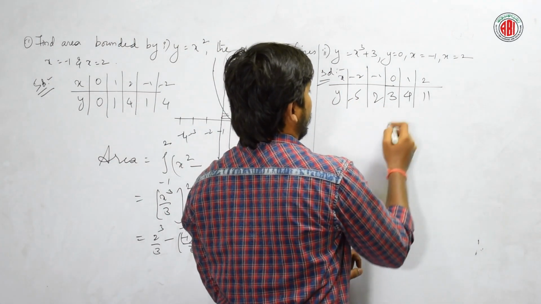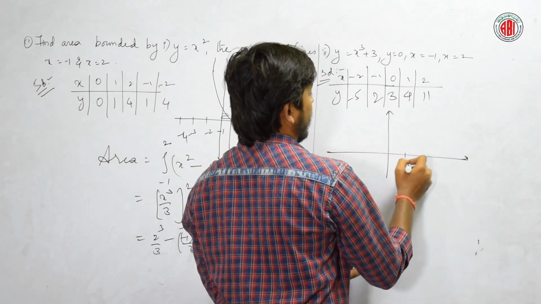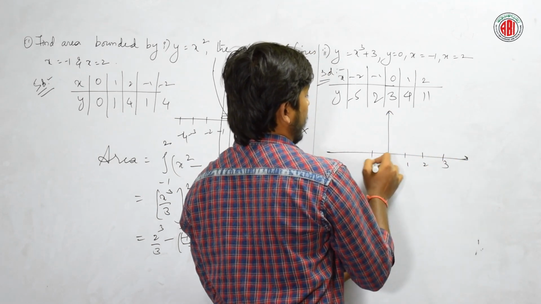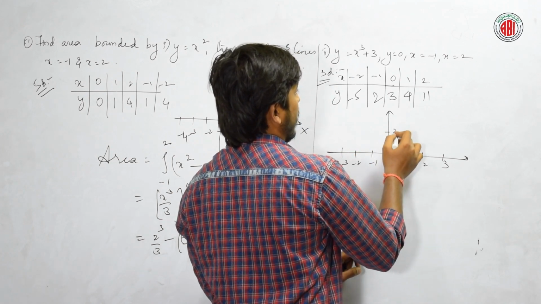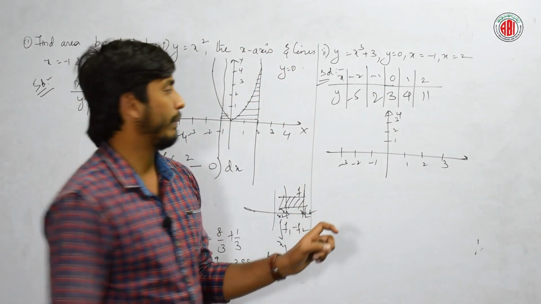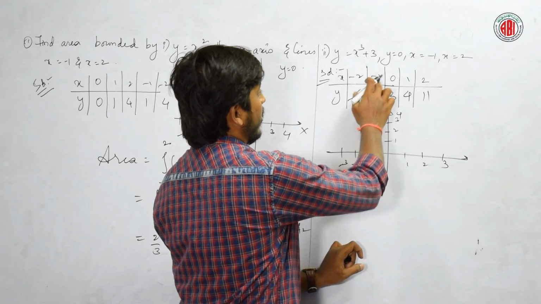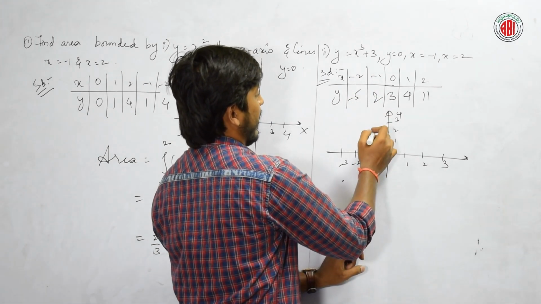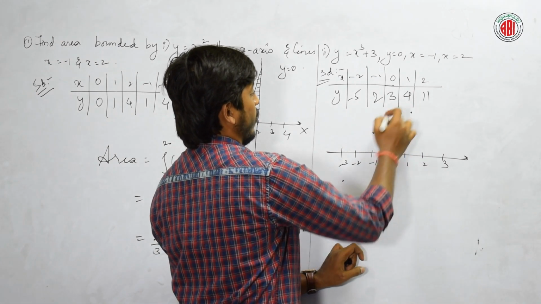So, if I draw the curve under this, I will get 1, 2, 3, minus 1, minus 2, minus 3, and here it is 1, 2, 3, 4 and so on. Here for minus 2 it is somewhere minus 5, for minus 1 it is plus 2, for 0 it is 3, for 1 it is 4.